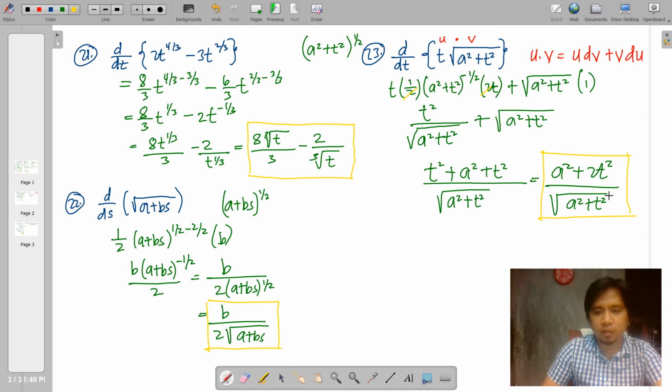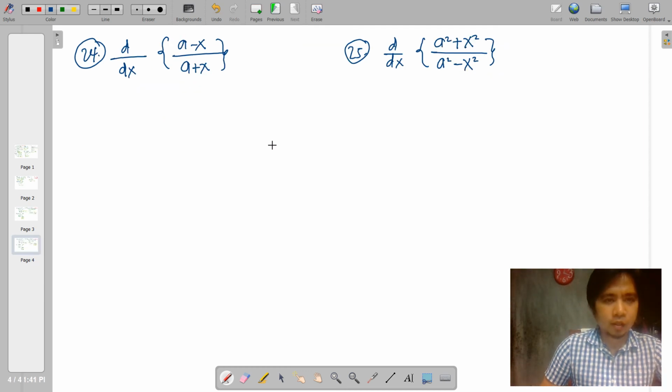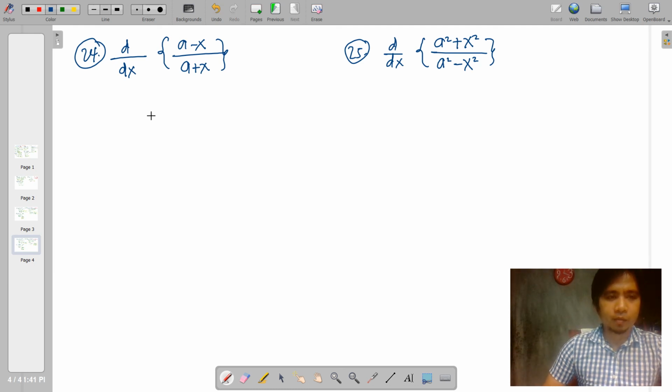Okay, so moving on. So we're gonna have this as our last problem. Last two problems. So number 24 is in terms of quotient, u over v. As we all know, this is v du minus u dv all over v squared.